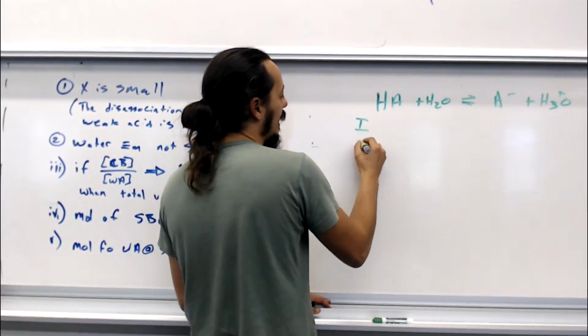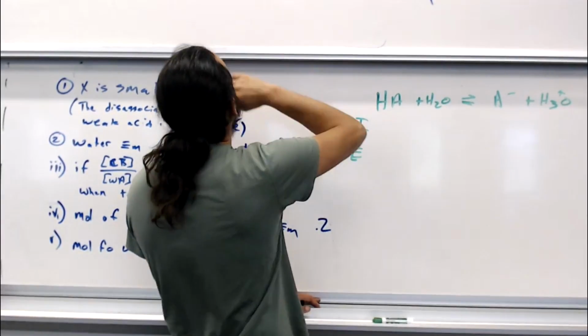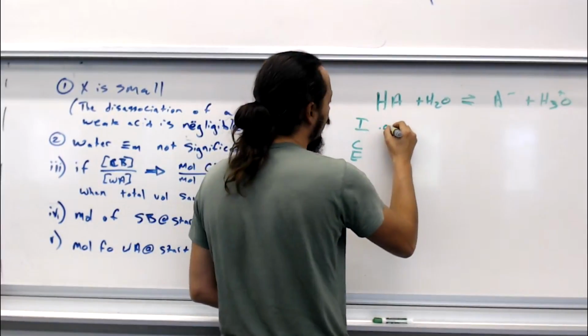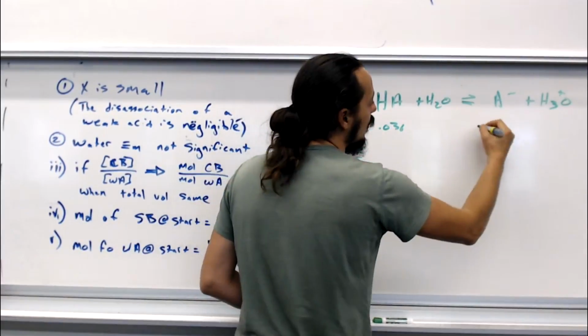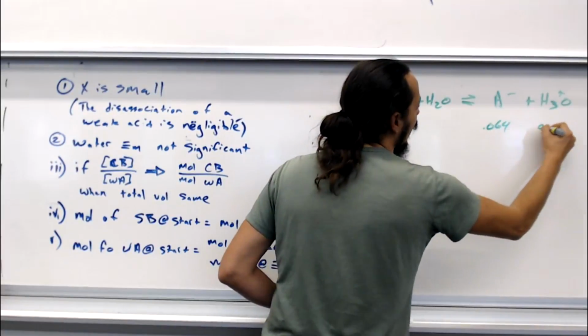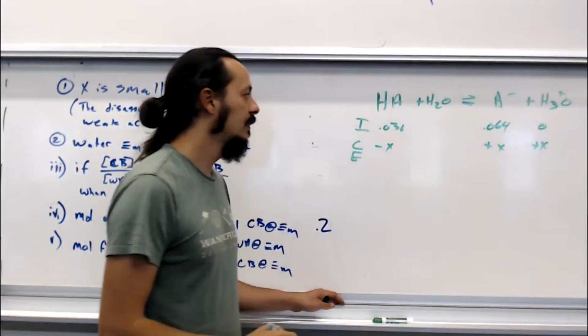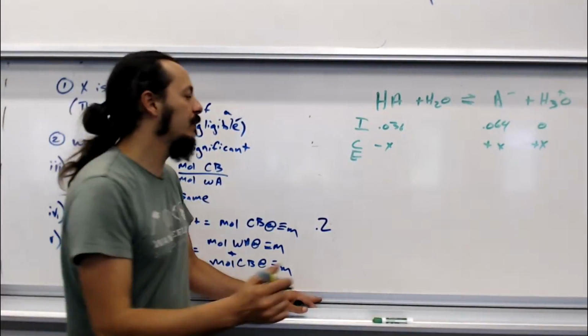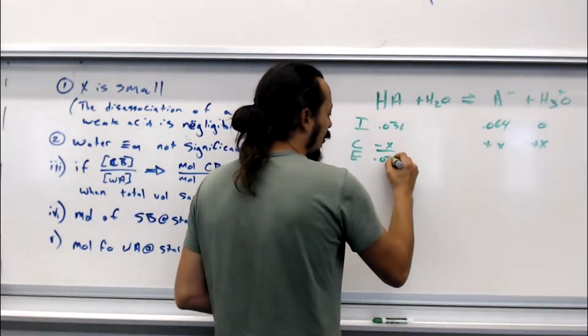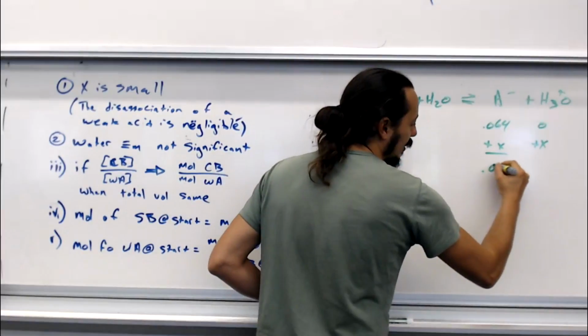We're doing an ice table. We've got our concentrations. We've got like 0.036. We've got like 0.064. We've got 0. We've got minus X plus X plus X. We use the X is small approximation. We could do 0.036. We do 0.064.